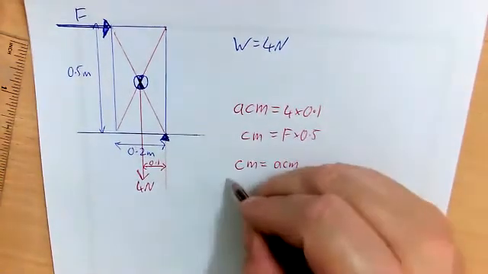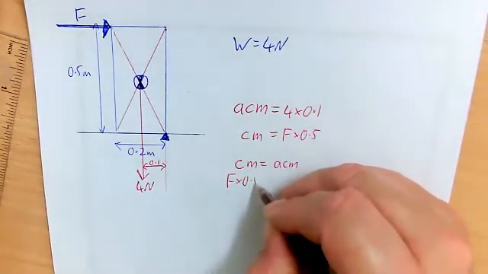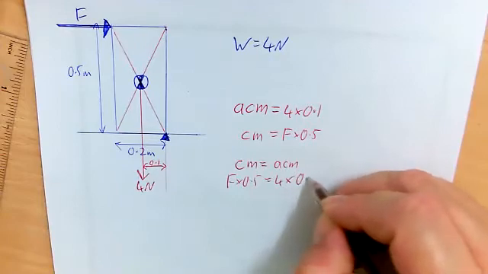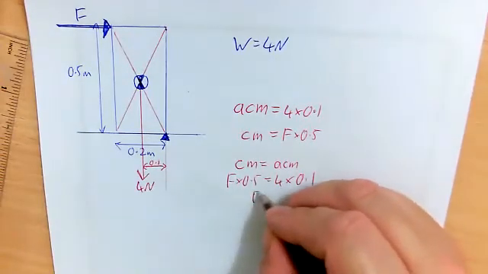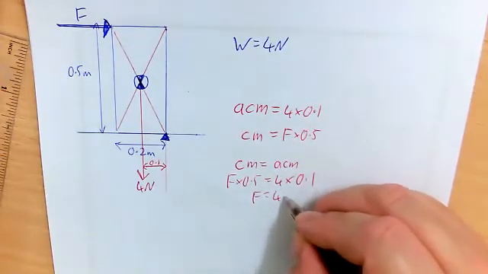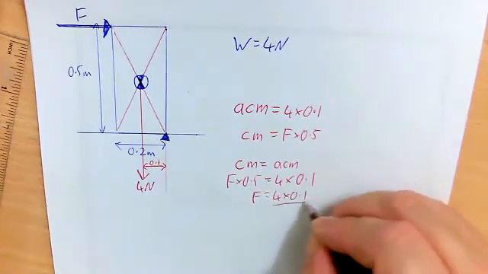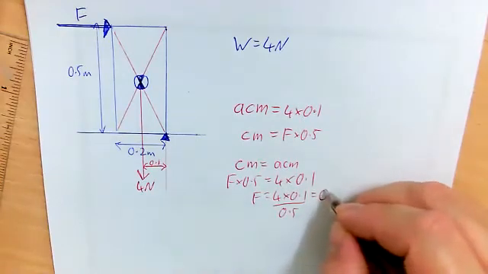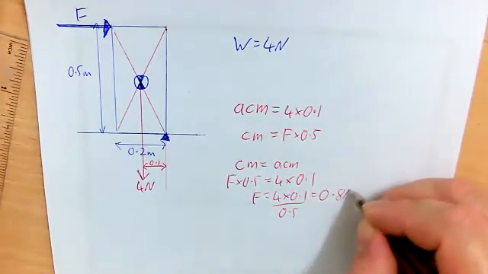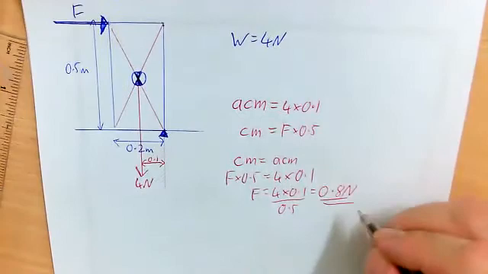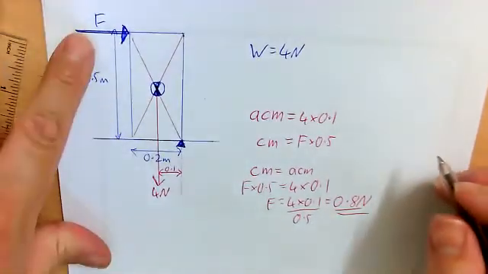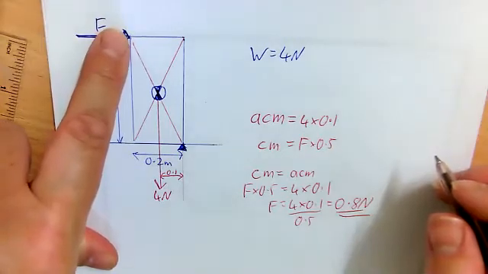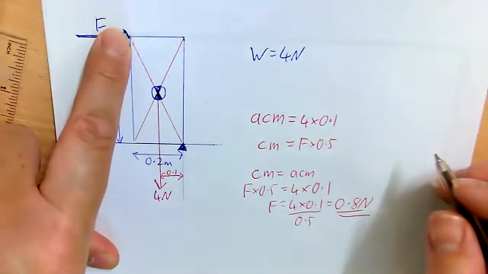So the clockwise moment is force times 0.5, which is equal to 4 times 0.1. So the force is 4 times 0.1 over 0.5, which is 0.8 newtons. In other words, the block would need to be subject to a force of 0.8 newtons from the top here in order to tip over.